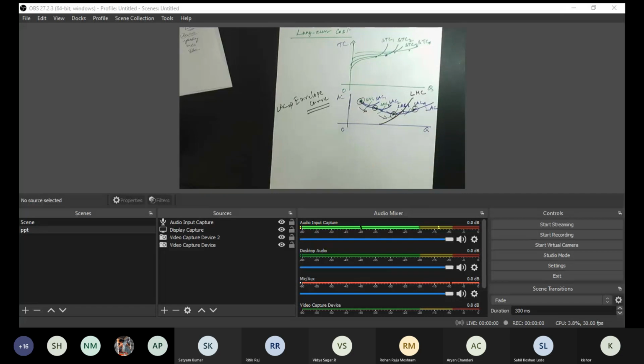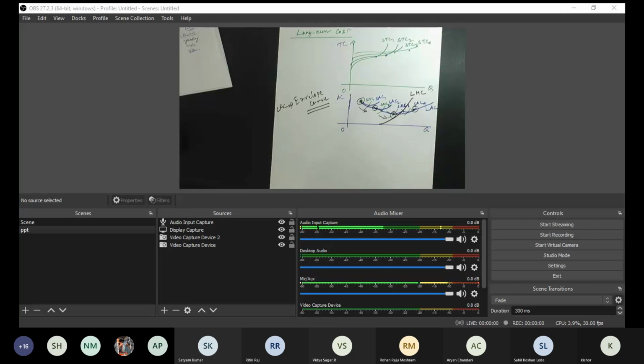Corresponding to each and every average cost, you will get a short run marginal cost curve also. But in the long run, marginal cost is cutting your long run average cost curve from below at its minimum. Okay, this is also called your envelope curve.